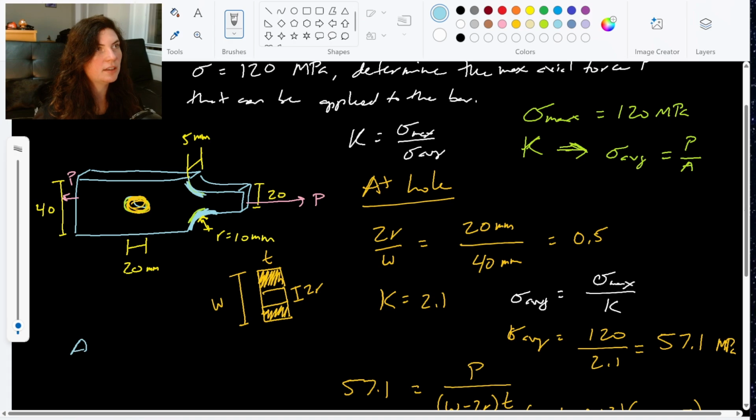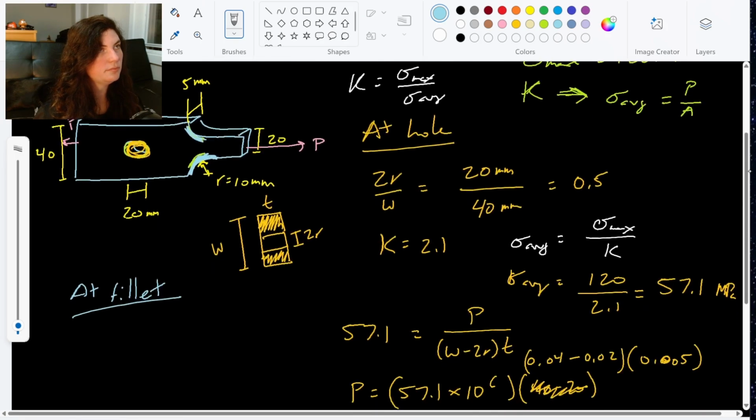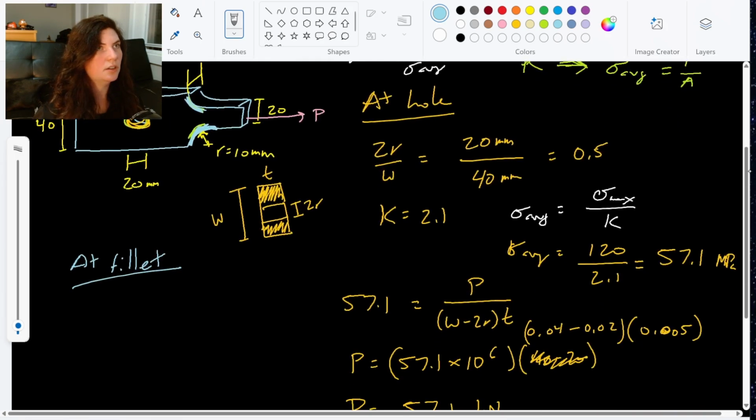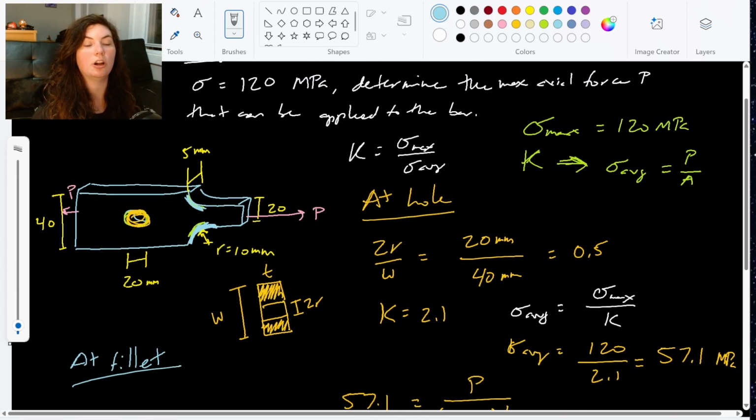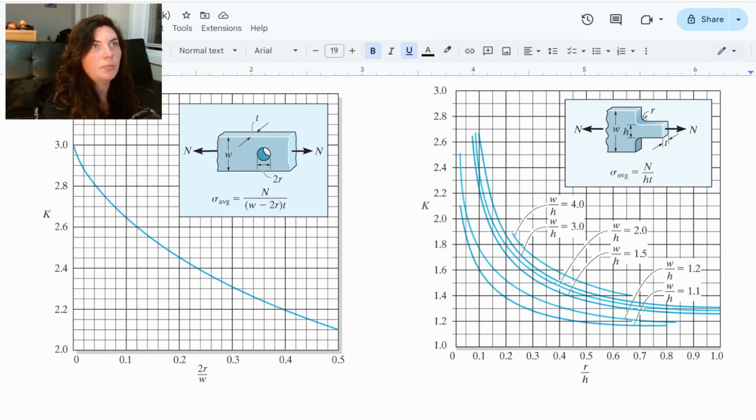Let's check the at fillet case. All right, so we did at hole, now we'll do at fillet. So now I'm going to need my stress concentration factor chart for the fillet, right? They use two different stress concentration charts. I'm going to go ahead and pull that one up. It's on the right side here.